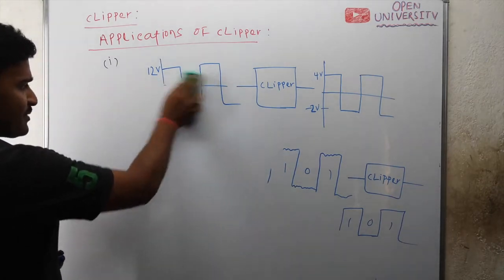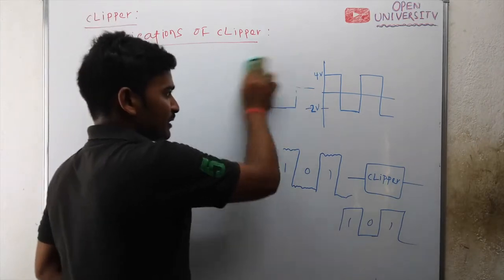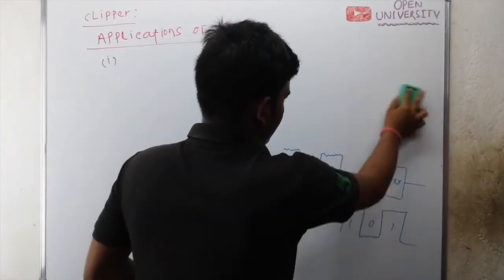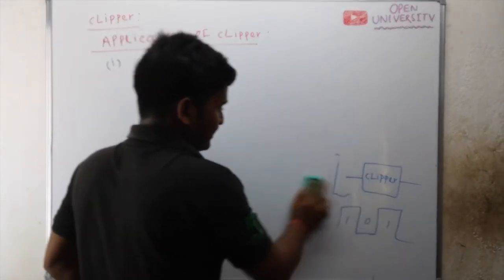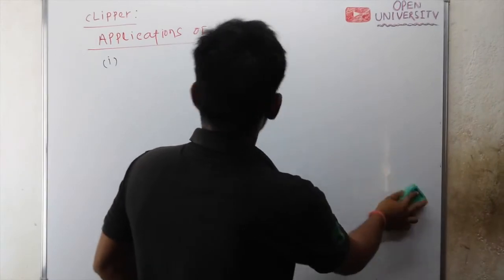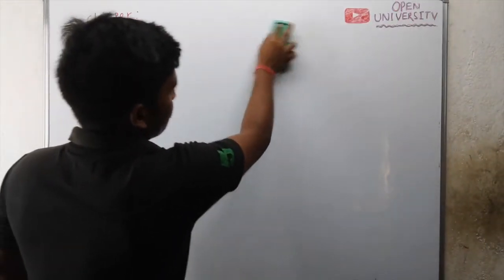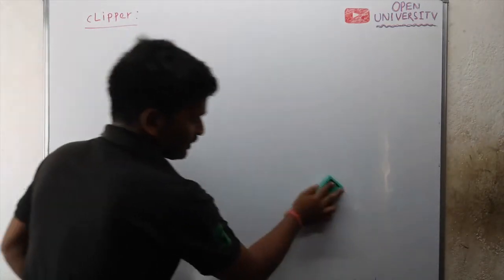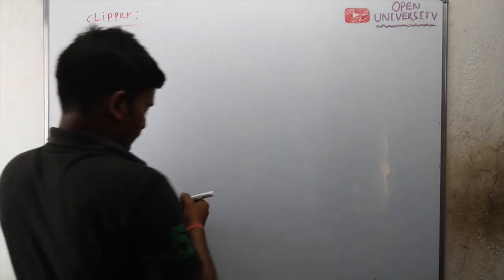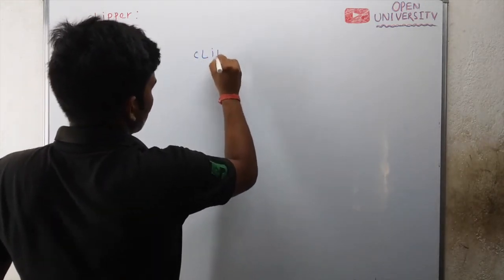Then there are two types of clipper. We'll do the classification of clippers. A clipper is of two types.